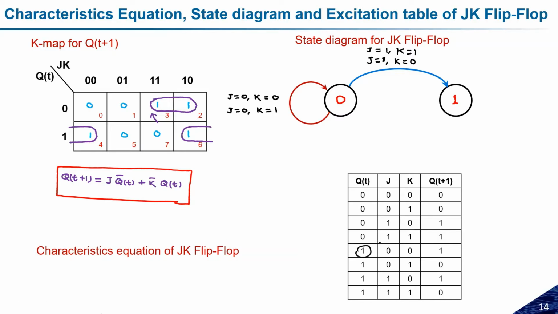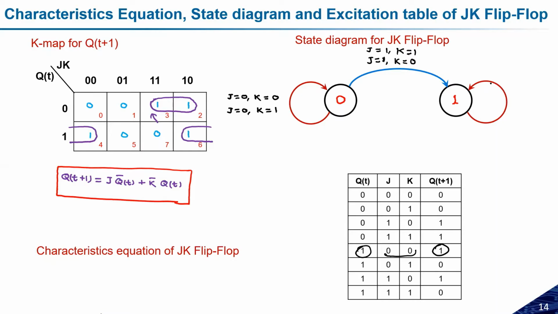If you see here, if Q(t) is equal to 1, and J is equal to 0 and K is equal to 0, in that case I am getting the same kind of output. So the same output I will get, and the condition will be J is equal to 0, K is equal to 0.